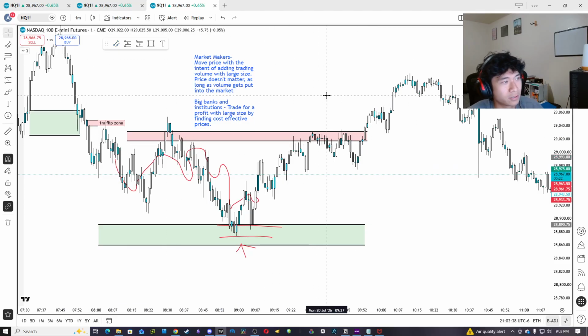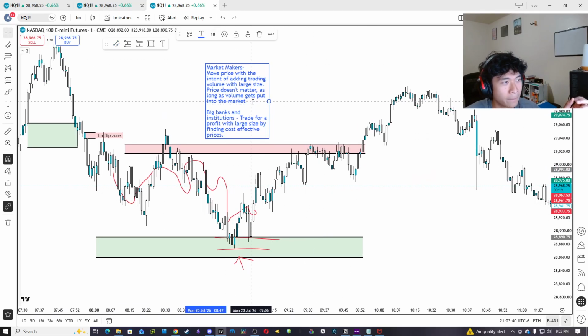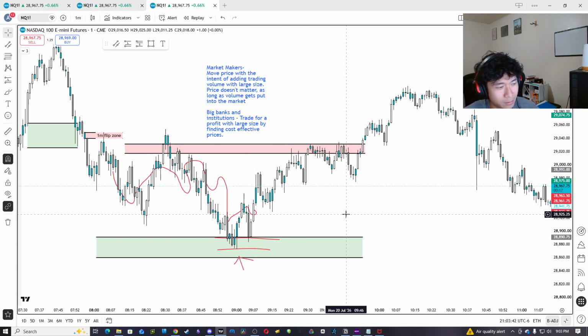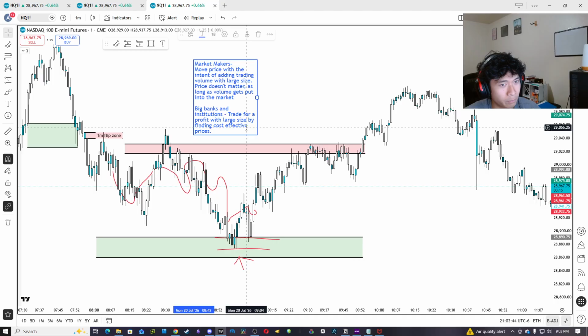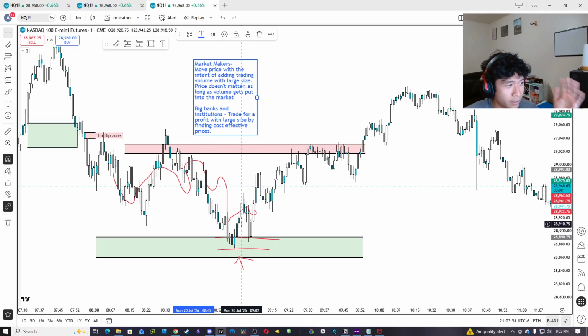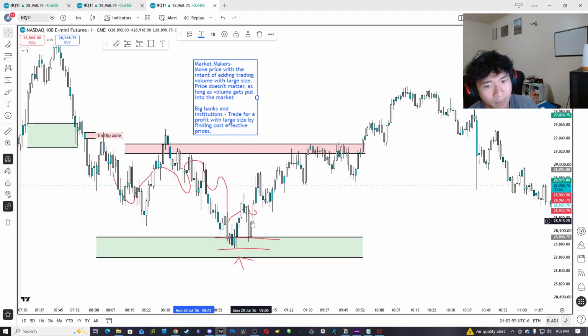So the market makers don't intentionally help out these big banks and institutions by trapping all these guys. What's happening is that the people that enter the trade trap themselves by involving themselves in the market with no edge, right? And that's why it seems like they're working together when realistically they're not.